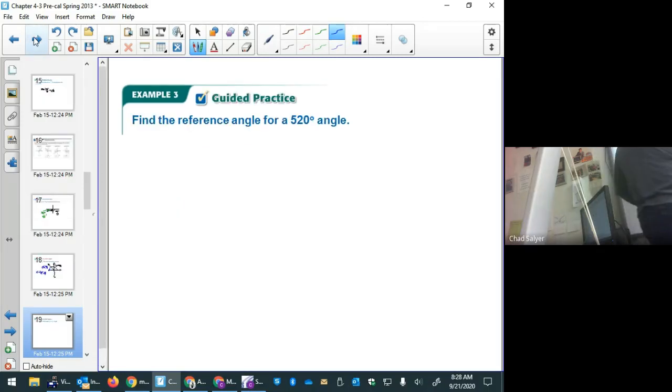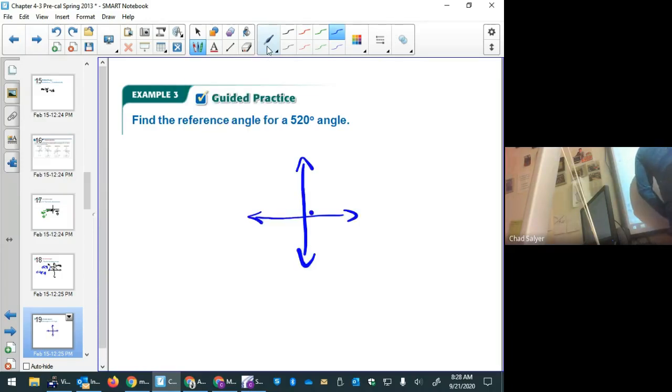So here you go, 520 degrees. And so that's 360, and then 60 is 420, 160 more. Tell me what the reference angle would be.